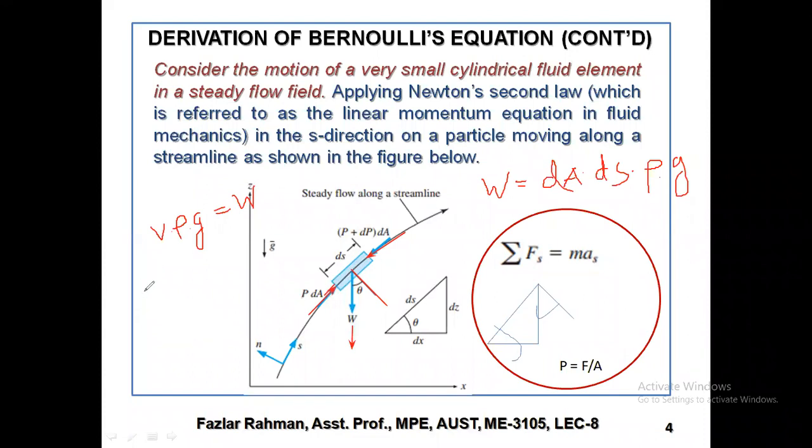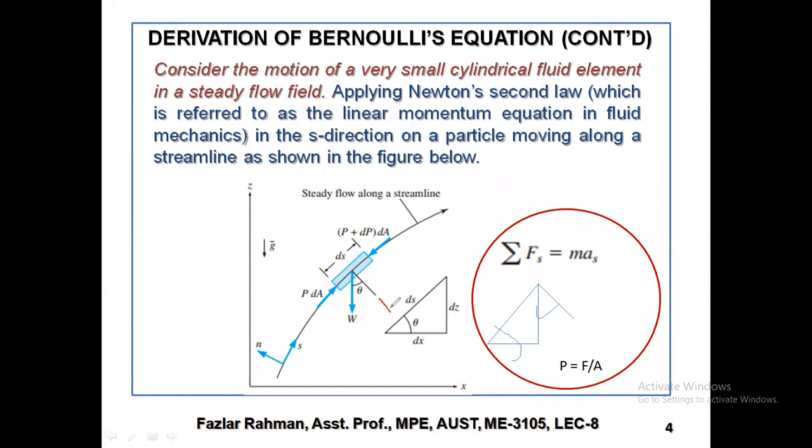You see P into dA working upward. I'm saying upward is positive. Then minus, over here you have P plus dP into dA, right? Then weight, where is the weight working? In which direction? You see, I can divide this weight into components.